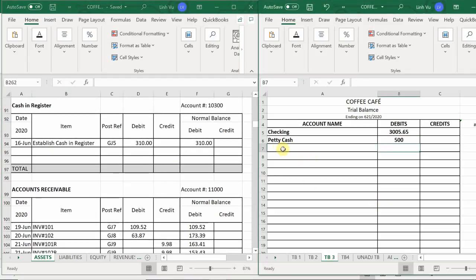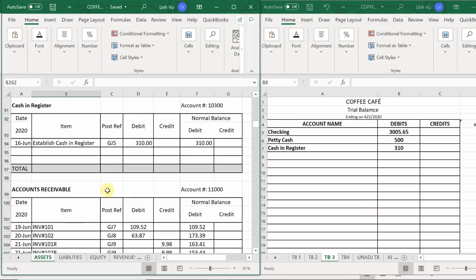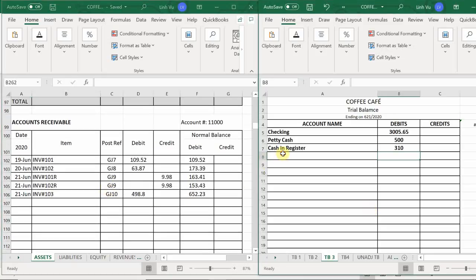We have cash in register for $310. We finally have accounts receivable, for how much? 652.23.